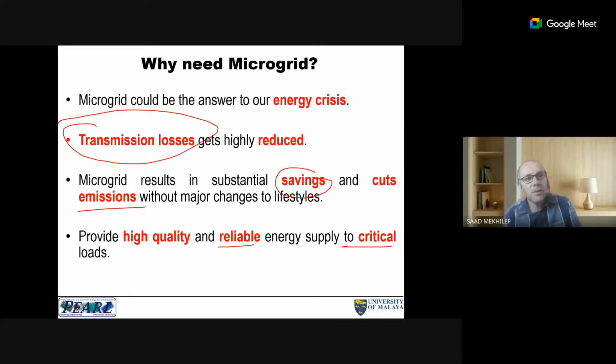Yes, actually the combination is meant because batteries and supercapacitors provide a very fast response. The diesel generator will take some time, a few minutes, to turn on. So for the first few minutes we have the batteries and supercapacitors, which are much faster.